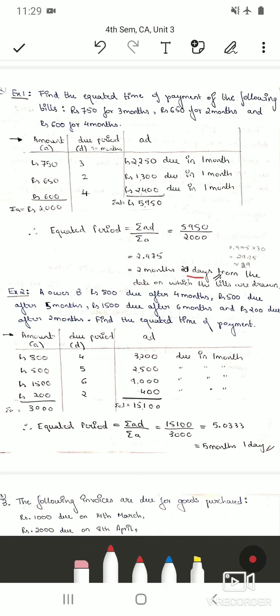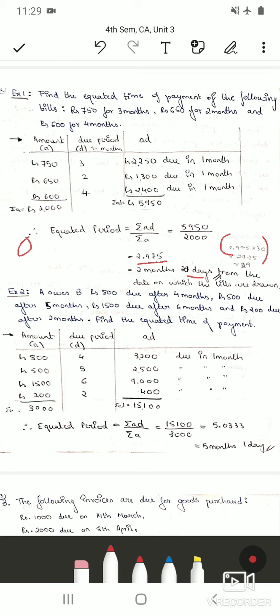Now how did I get this 29 days? After the integer, take the decimal part, which is 0.975, and multiply it with 30. We take 30, not 31 days, because usually we assume 1 month has 30 days. So 0.975 into 30 gives 29.25, which is approximately 29 days.